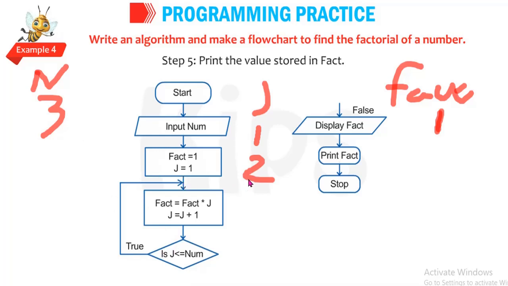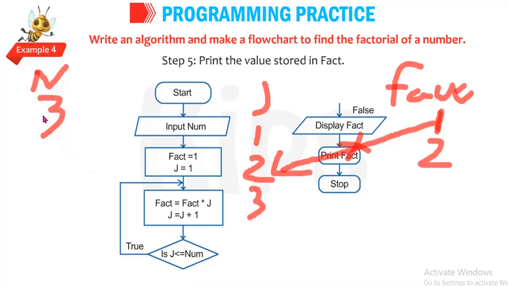Then fact is equal to fact into J. 1 two is 2. Then J is equal to J plus 1, 2 plus 1, 3. Is 3 equal to or less than number? Yes, it is equal, so true. Again come here.